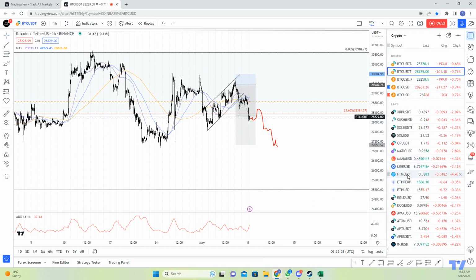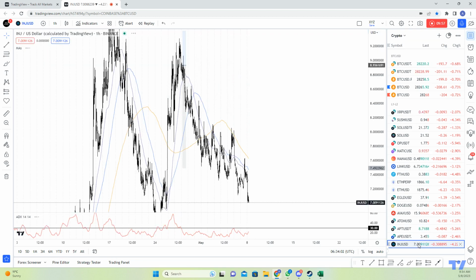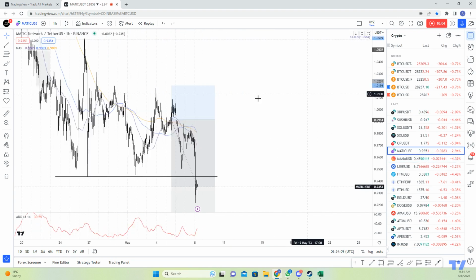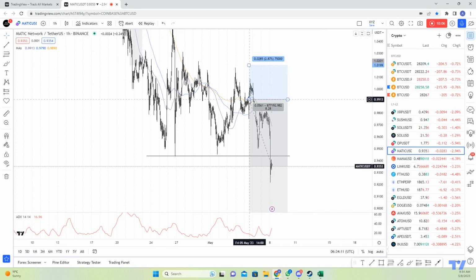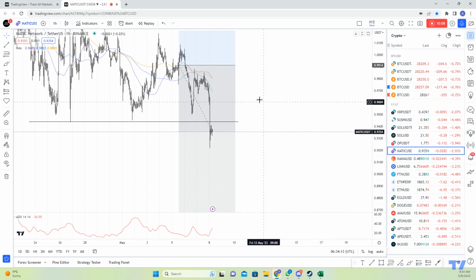I also got this ING. That was around here, I think. And Matic, this one is a very, very good trade. I'm in it since Friday, and I'm just being patient.